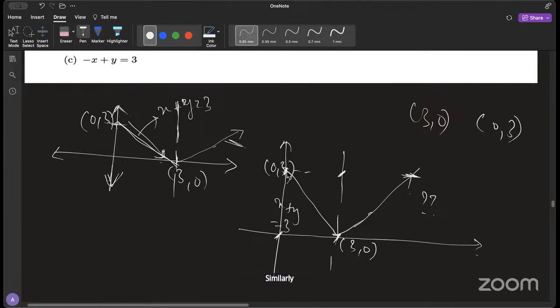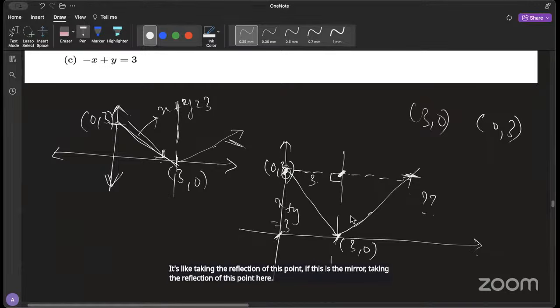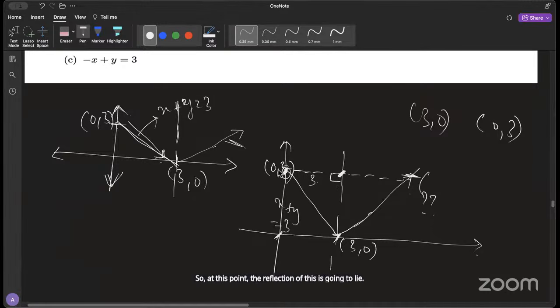Similarly, this distance between this point and this point is also 3. So if you reflect it here, it's like taking the reflection of this point, if this is the mirror. So if this is at distance 3, the reflection is going to be at distance 3.